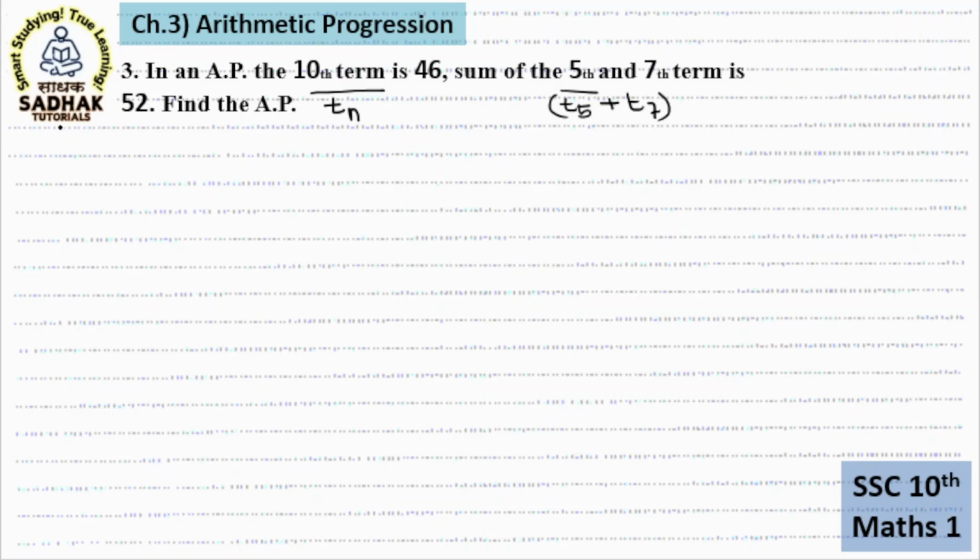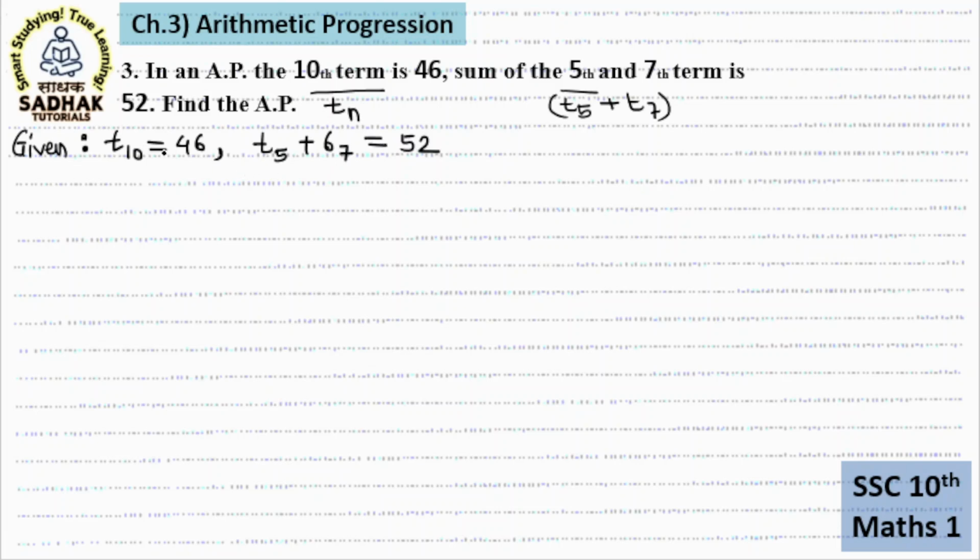Now for finding the AP, we need A and D. Once we know what A and D are, we can find the AP. So first let us write what is given. Given is that the 10th term of an AP, that is T10, is equal to 46, and the sum of the 5th and the 7th term, that is T5 plus T7, is equal to 52.